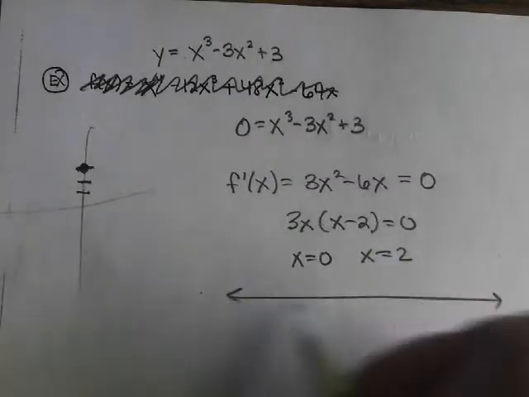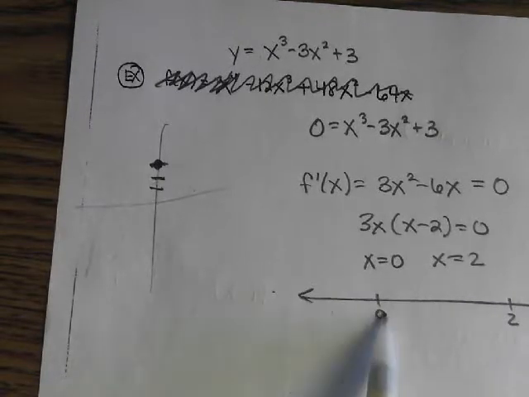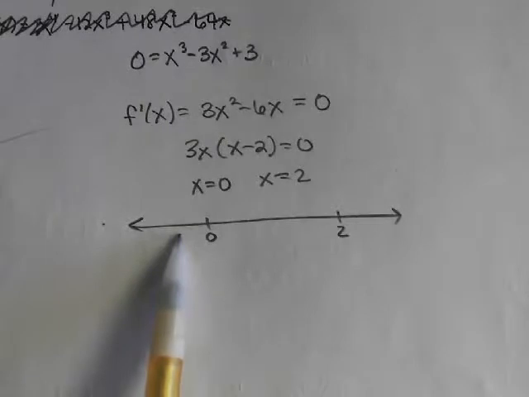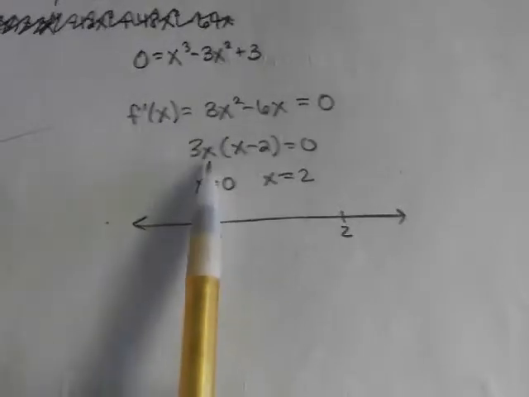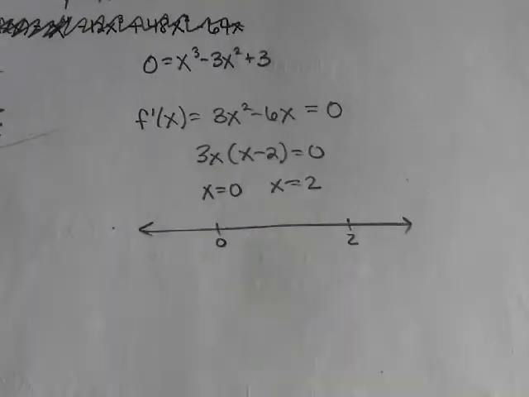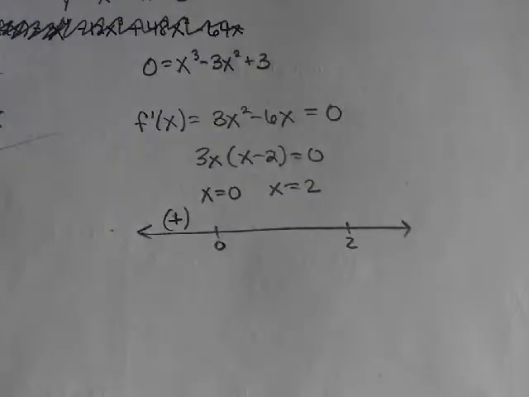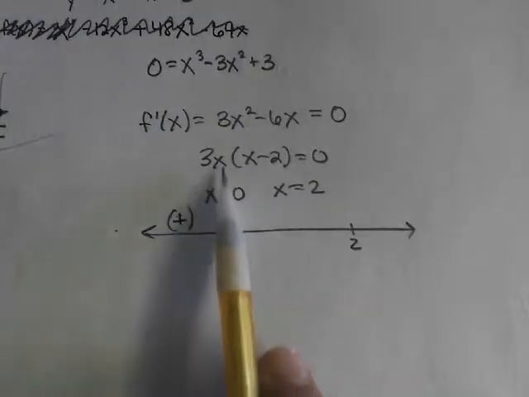If I plug in a negative 1. The negative times a negative, positive. If I plug in a 1 to my derivative, I get a positive times a negative, which is a negative. So what's happening at 0? A relative max. It was increasing into it and decreasing out of it.